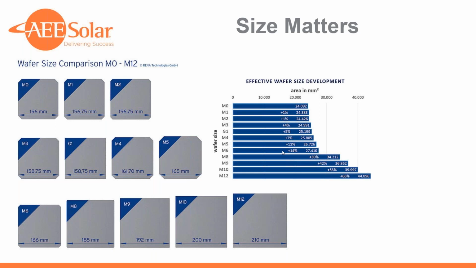So think about that. Just by increasing one of the side dimensions by 10 millimeters, basically the width of your pinky, you're able to increase that overall wafer size by 14%. And on the same technology, 14% increase in output. So size matters. It's an exponential function that drives a lot of output increases.